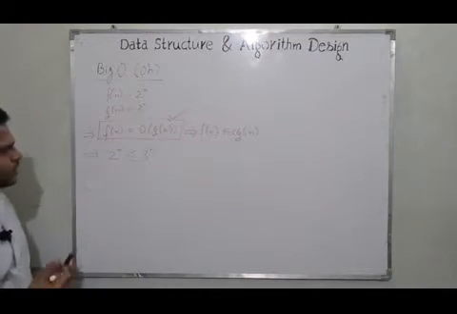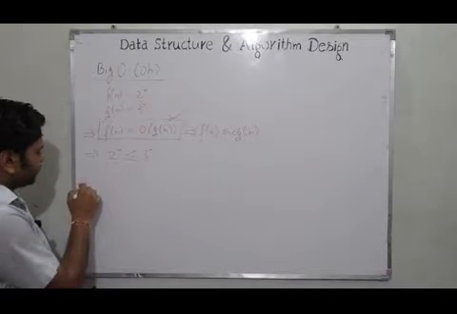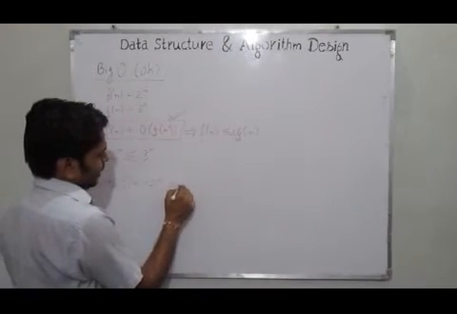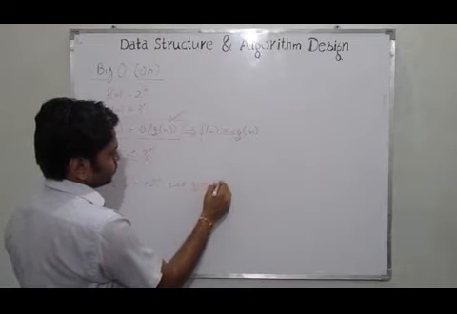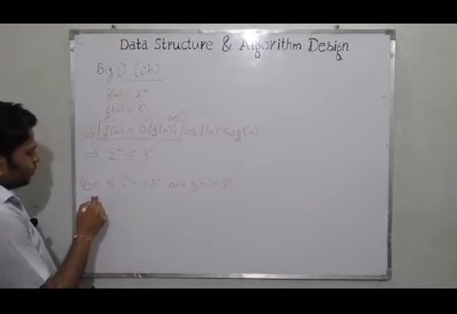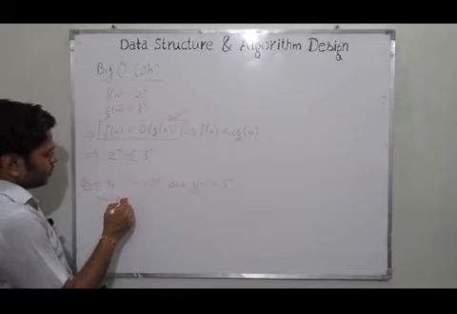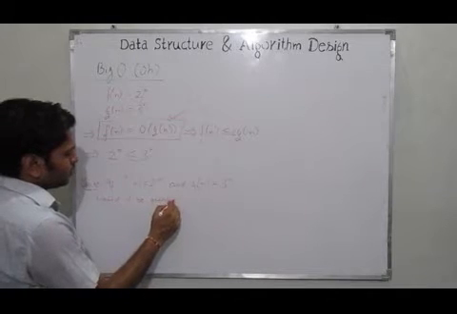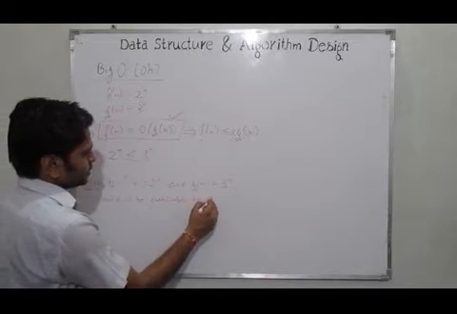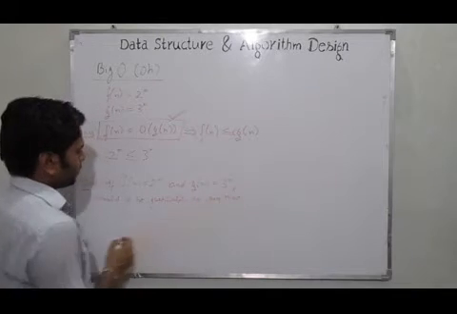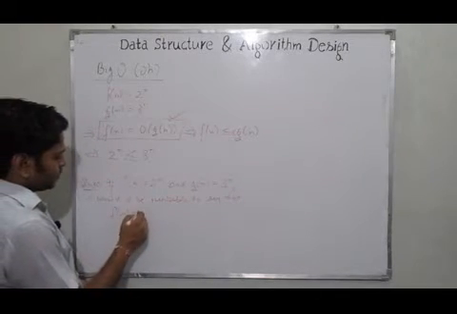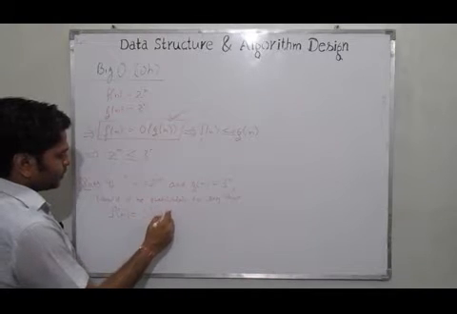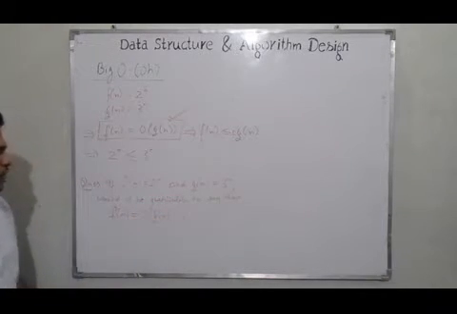So the question would be asked in an exam in this way: if fn is equal to 2n and gn is equal to 3n, would it be justifiable to say that fn is order of gn?